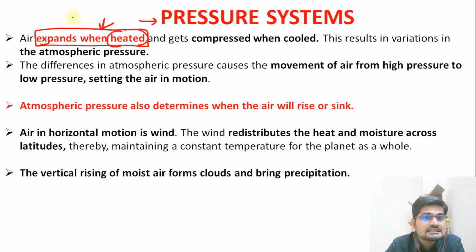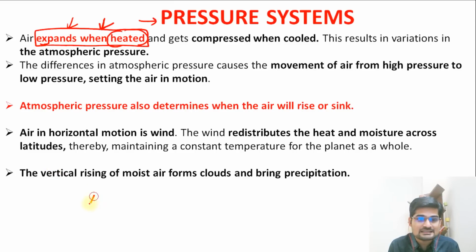It will heat the air in the atmosphere, right? So when the atmosphere is heated up, what will happen to it? It will expand, it will get lighter, and it will move up. Remember, hot air rises up. So it will start a motion, a movement, right? It will either get expanded or compressed depending upon heating or cooling. So hot air expands, cold air is compressed.